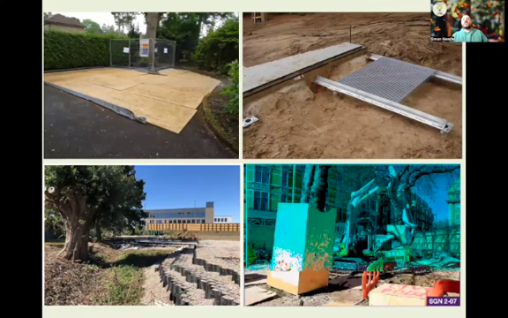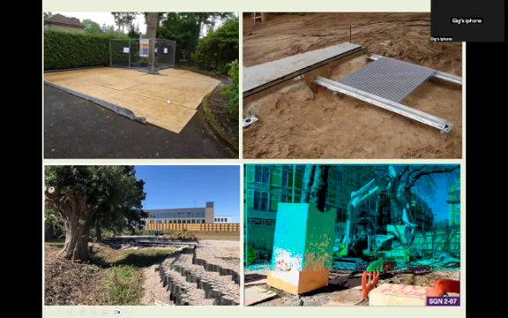Here's a few more, just as examples. So here we've got an existing tree in hard landscaping. There probably is going to be very little impact in terms of compaction on the rooting area, but just to provide that additional protection, they've boxed out with paneling around the trunk, same as in this bottom right-hand image as well. That protects the trunk from accidental knocks and bangs. And then we've also got some boarding here.